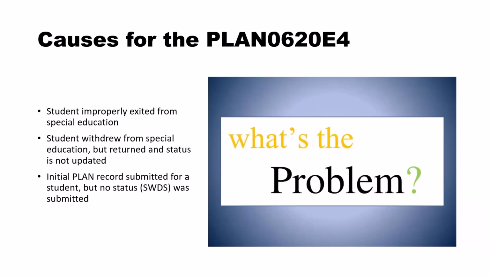Most often causes for the Plan 0620E4. Students improperly exited from special education. So to exit a student from special education, you need to update their status. So that's one of the reasons. Student withdrew from special education but returned. Again, we just spoke about this.